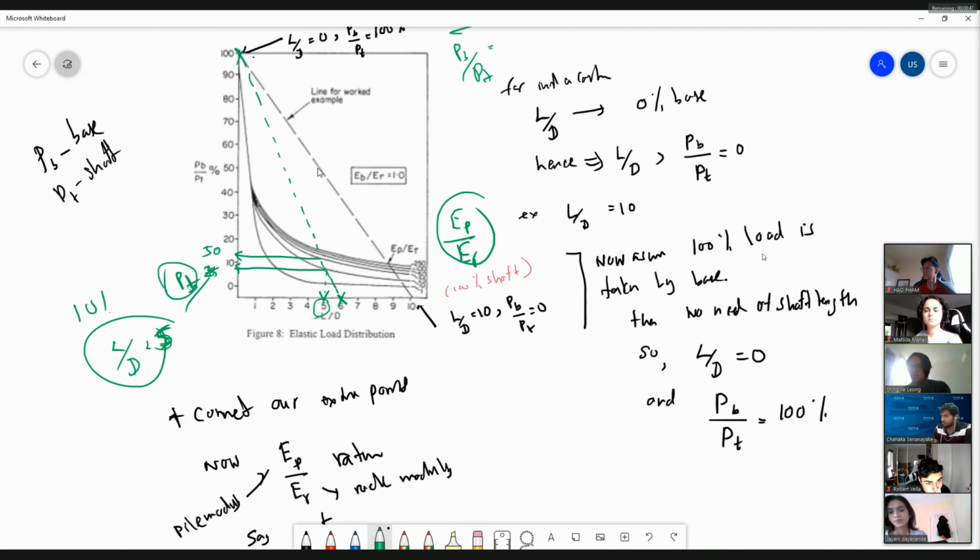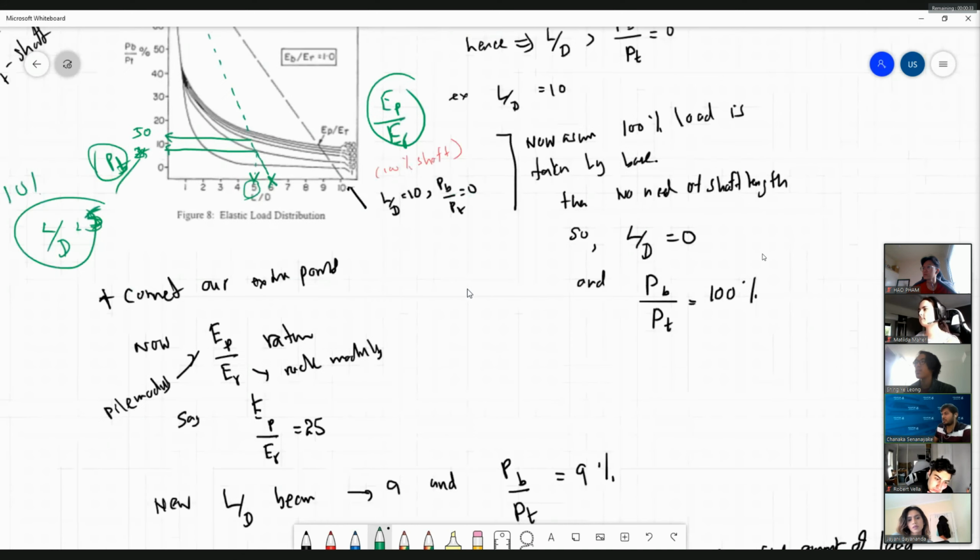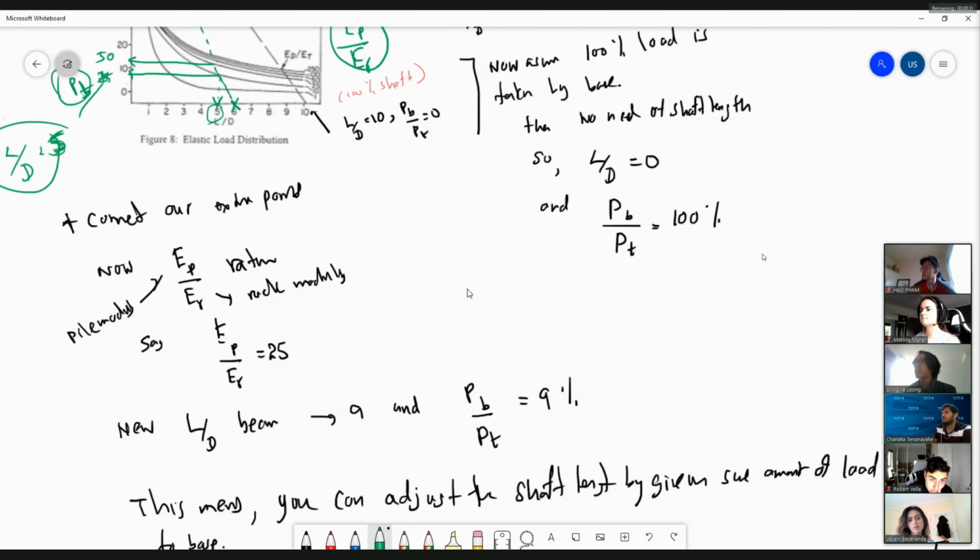So for the total settlement, it's just delta V plus SE1. And for delta V, you will get that equation, that rho plus that PLOA.